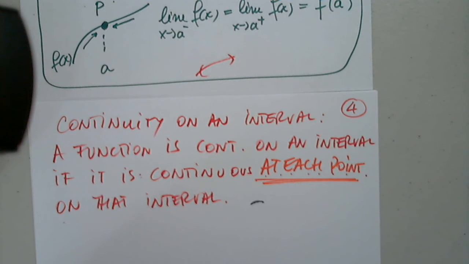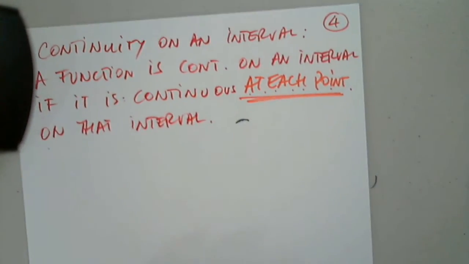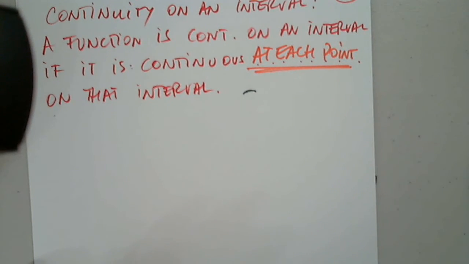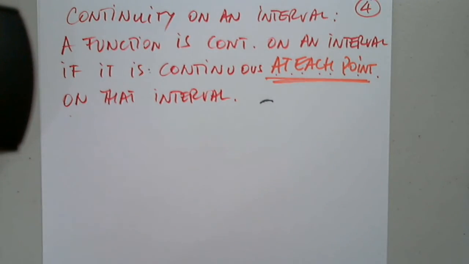Determine whether each of the functions shown in the exercises is continuous. So we have 37 through 41. 41 is on the next page. Before we continue, I just want to mention one more thing because I'm going to ask you on those graphs. There is something called continuity from the left and continuity from the right.